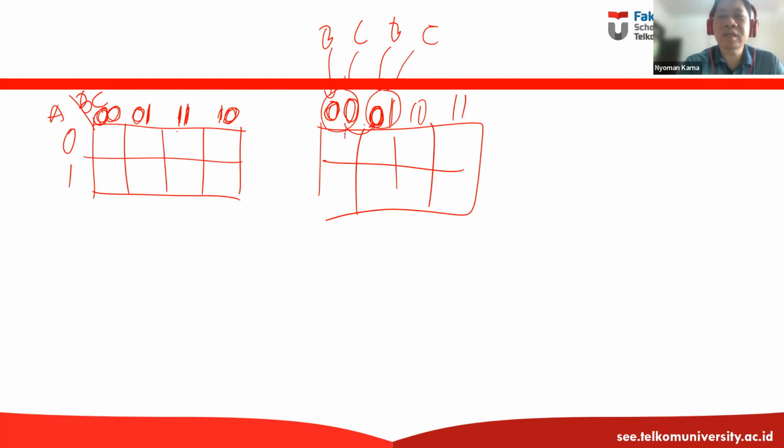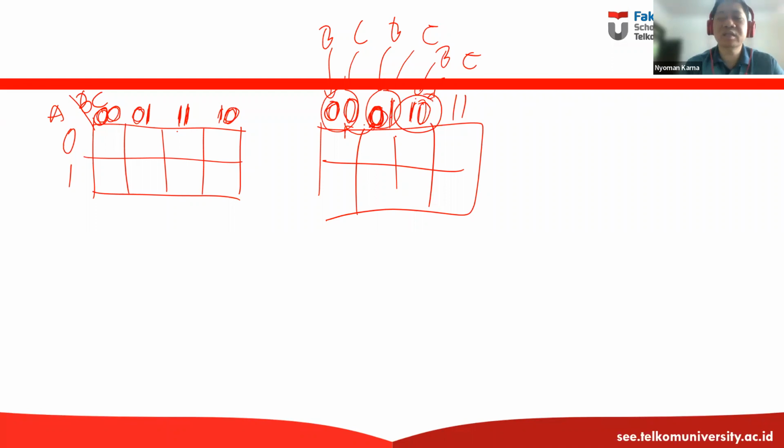Because they are adjacent, we have to make sure that only one variable changes. So that's why this complies with the rule. But in this case, this is B and this is C. The problem is B changed, C also changed.